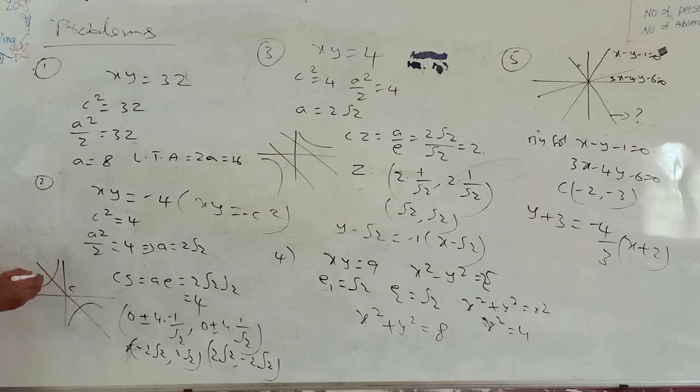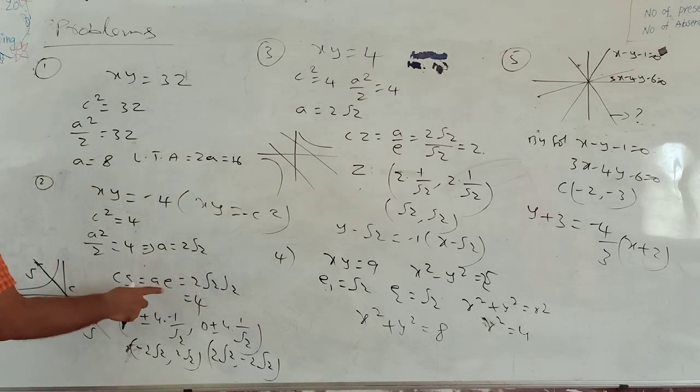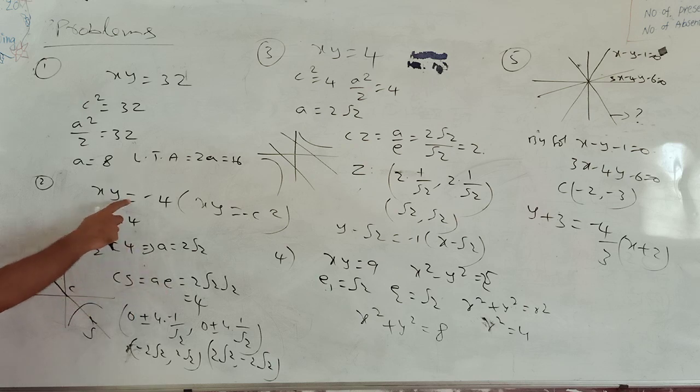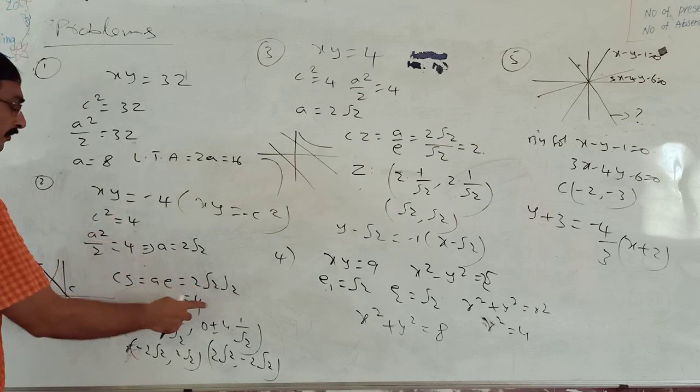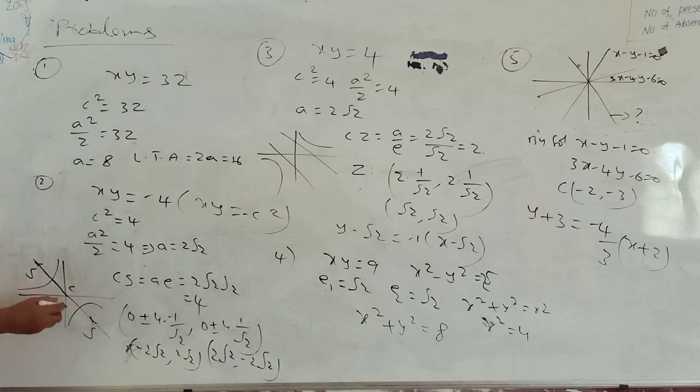Now these are the foci. All of you know this gap: CS equal to AE, A value 2 root 2. The eccentricity of a rectangular hyperbola is root 2. Therefore CS value is 4. Now the foci are at a distance of 4 units from the origin in the direction having inclination 135 degrees.